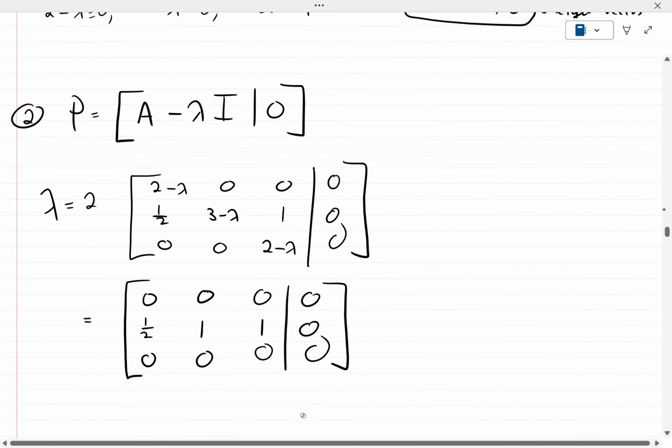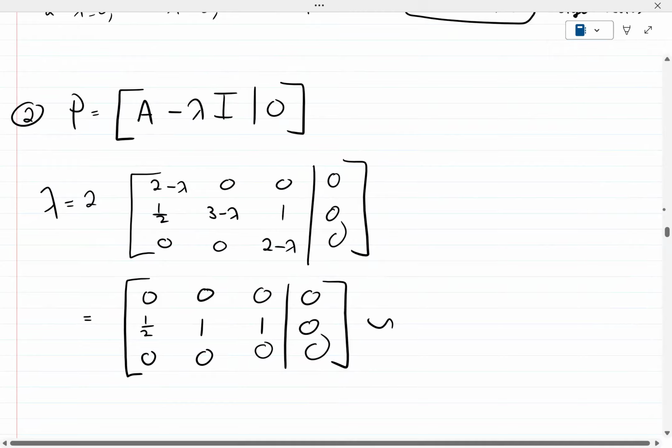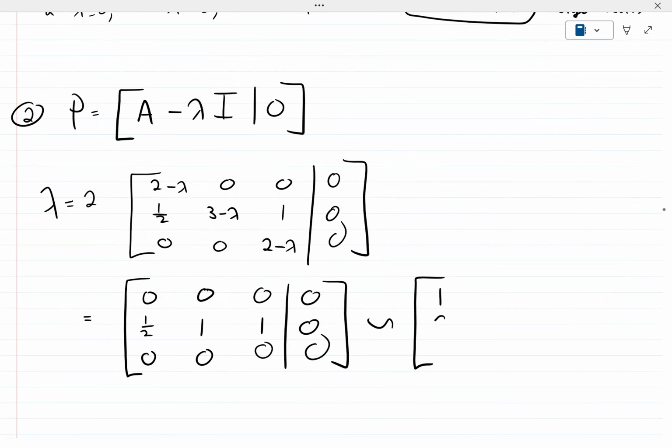Okay, so when you row reduce, I get this: 1, 0, 0, 2, 0, 0, 2, 0, 0, augmented with 0, 0, 0.